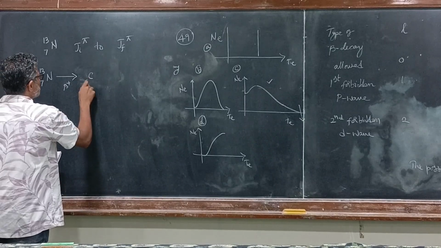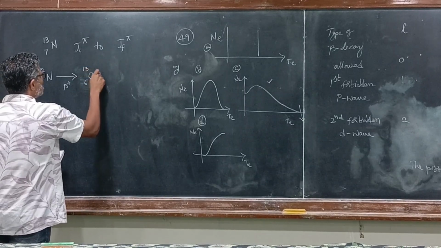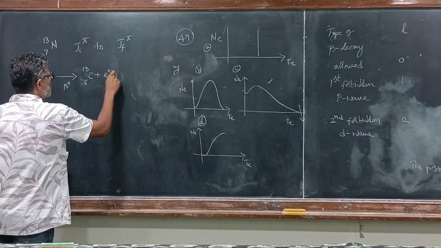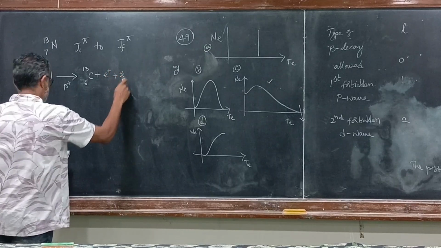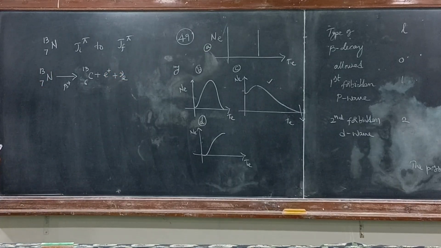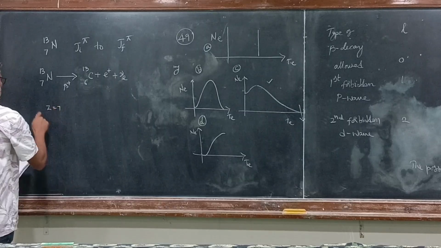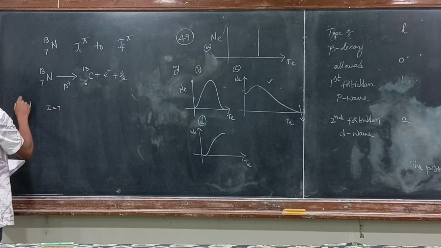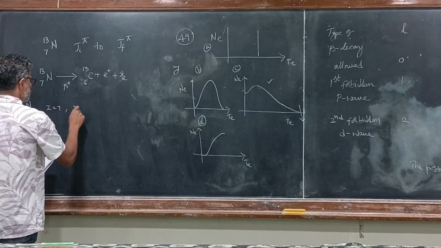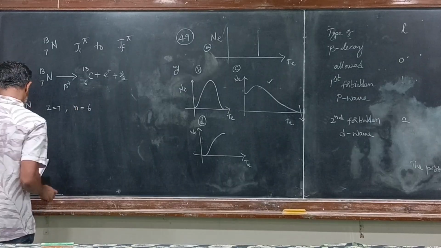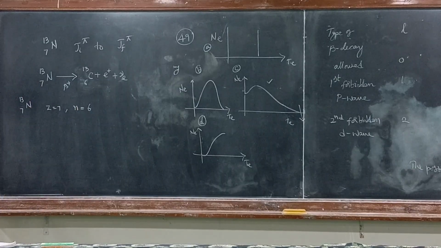It becomes carbon-13 plus e+ plus neutrino. Basically the proton converts into a neutron. Therefore Z equals 7 for N-13 and neutron number equals 6.